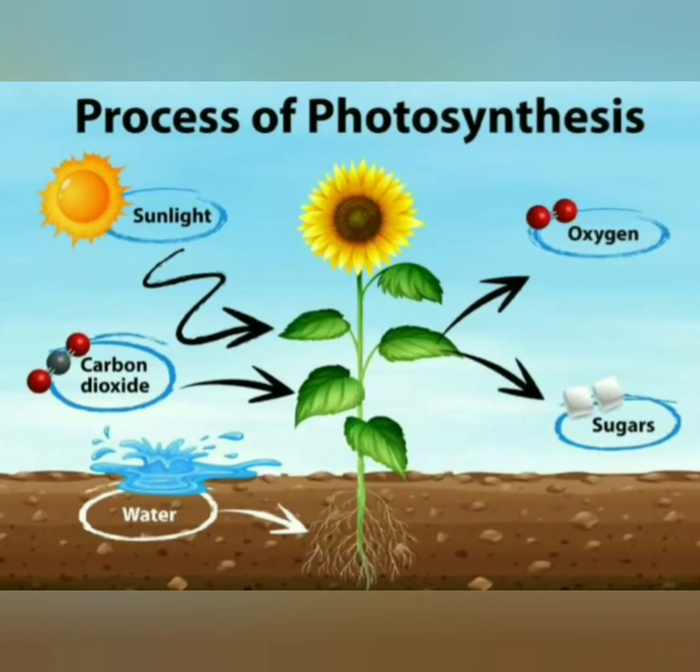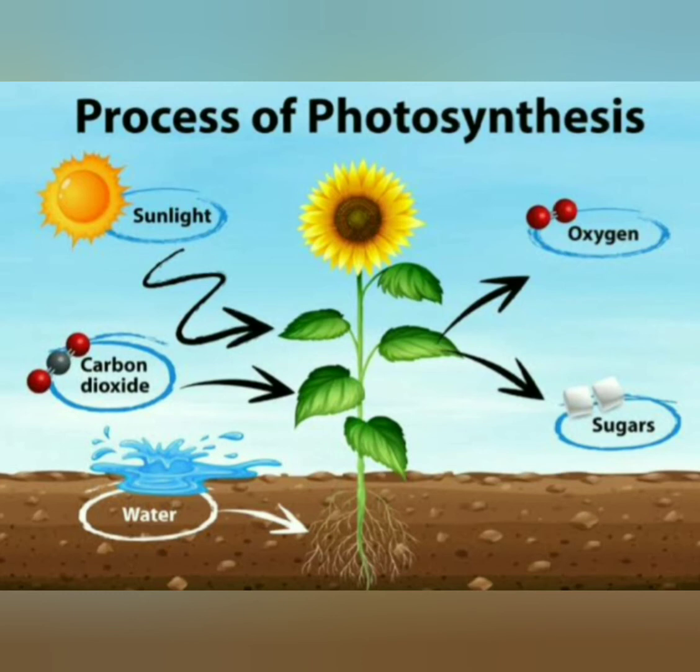And children, we know that plants are called producers. They are the only source of food for us. Plants produce food by the process of photosynthesis. Photo means light and synthesis means put together. In photosynthesis, plants use water, sunlight, carbon dioxide and nutrients and minerals.